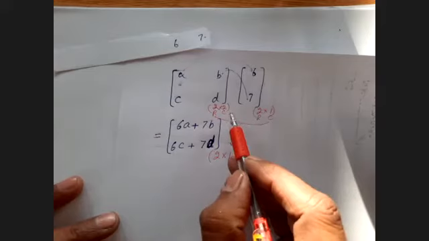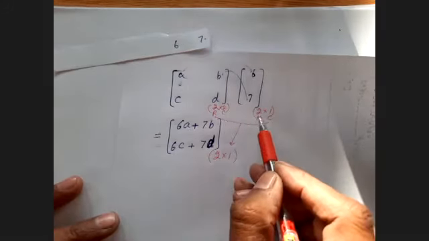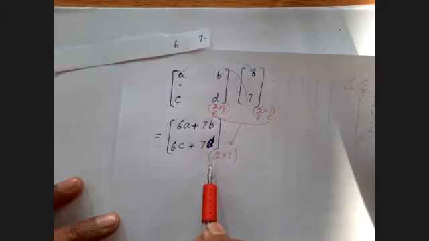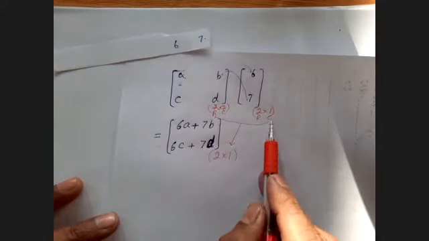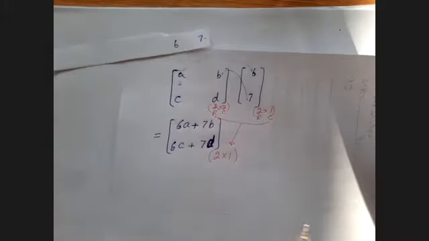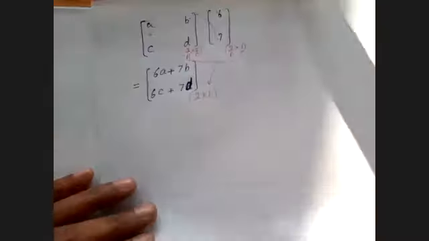Before multiplication, I told you that the column of the first must be equal to the rows of the second. And when you get the resultant matrix, then the rows of the first will be equal to the column of the second. Now let us understand with another example. I'm going to give you another example with numbers.